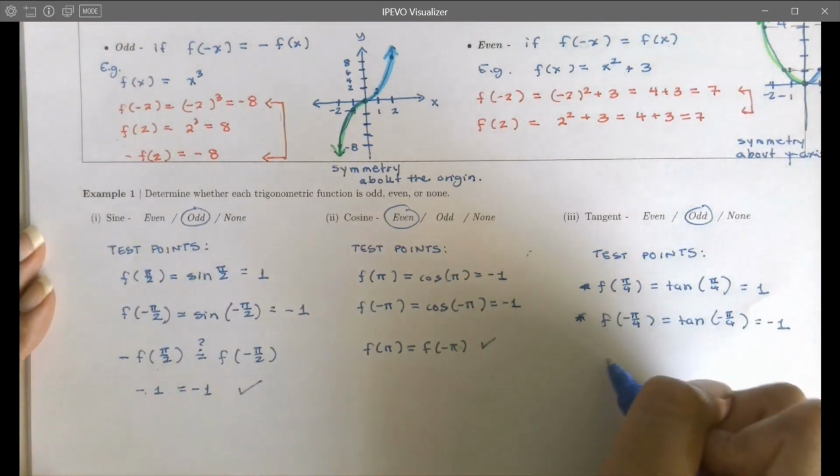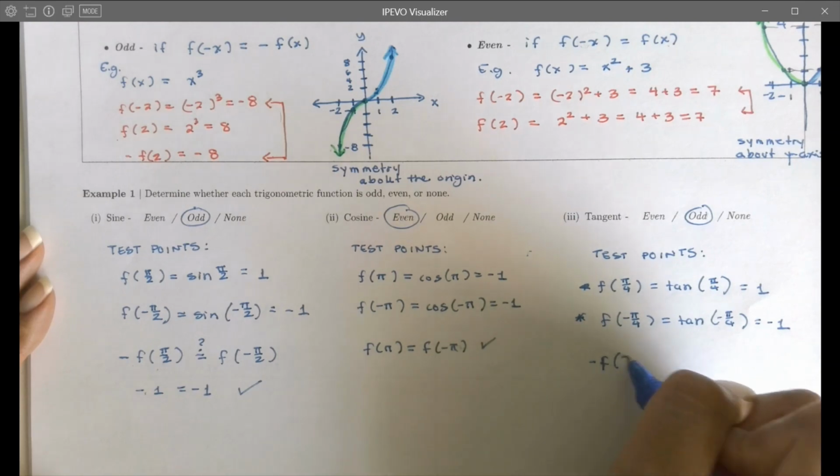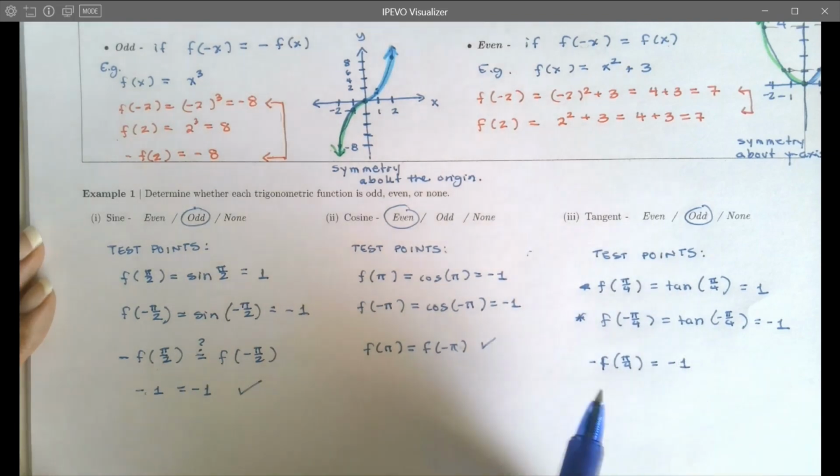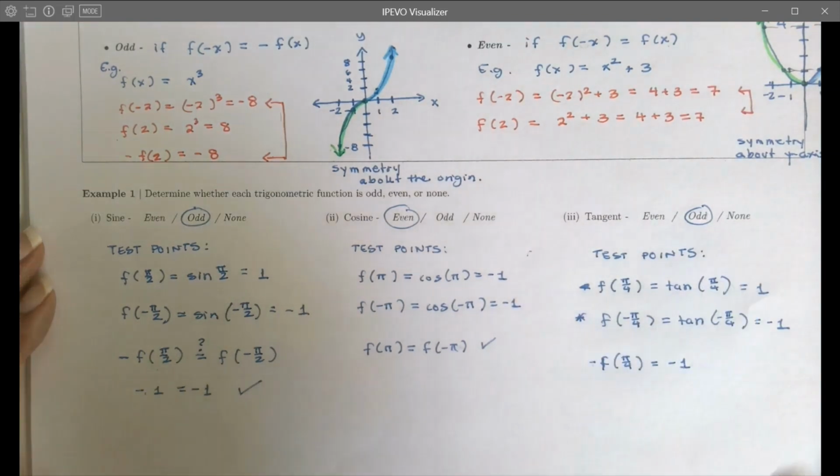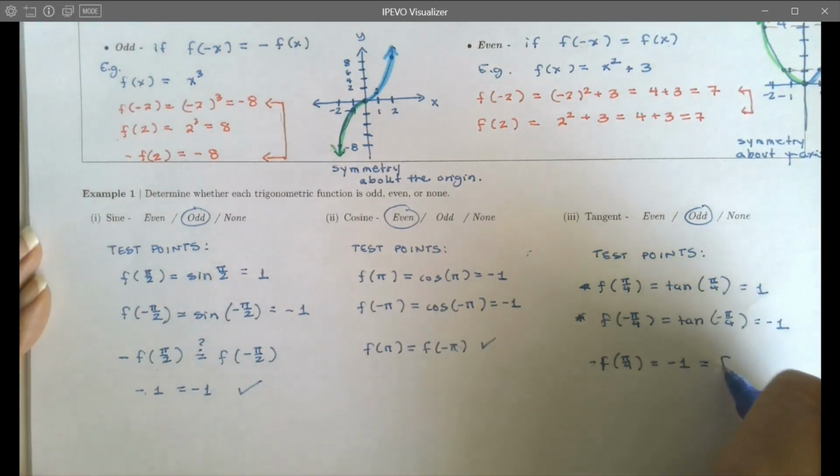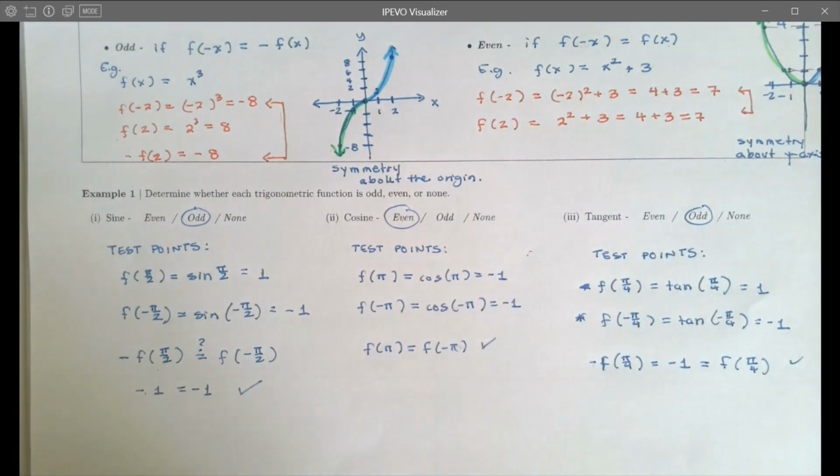So if I take negative 1 times f of pi over 4, I'm going to get a negative 1, right? Because we'll have a negative 1 times 1, which is negative 1. And that is indeed equal to f of negative pi over 4. So that confirms to us that tangent is odd.